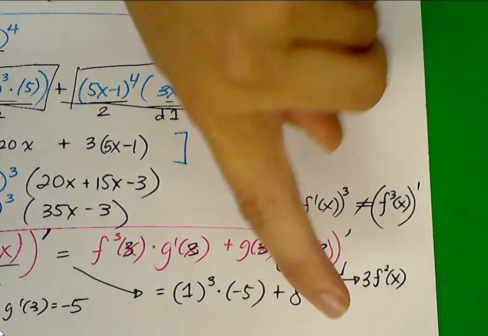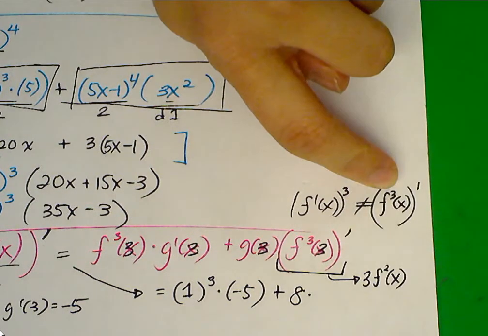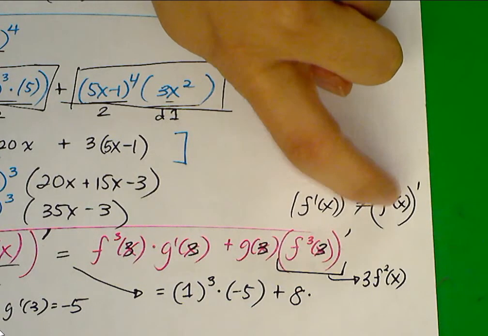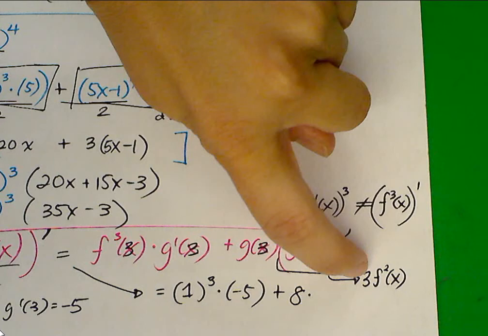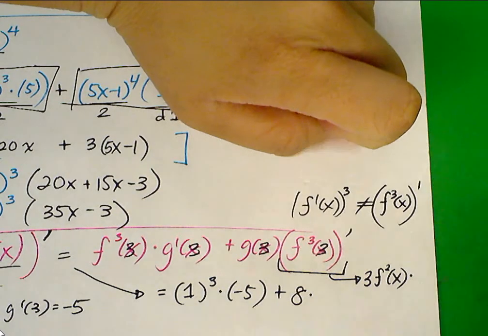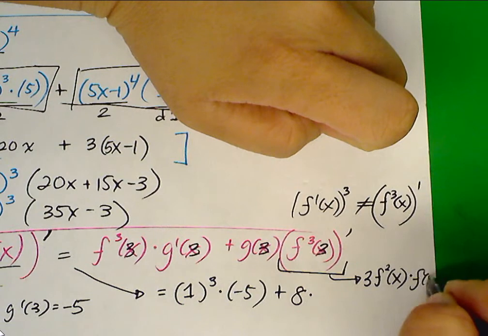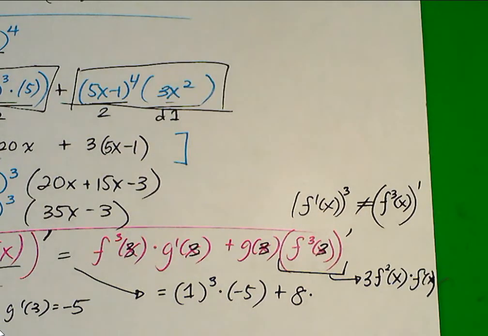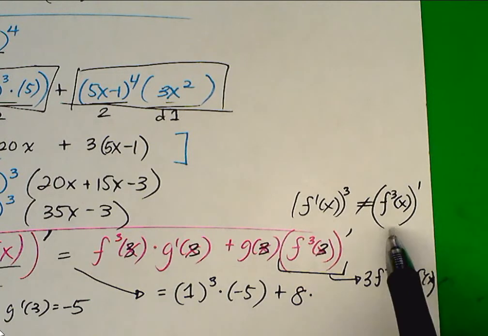Because look, f is a function cubed, so we have to do 3 times the function squared times the derivative of the baby, which is f prime of x. Right? The baby is f of x. Do you see that? In this, the baby is f of x, and the mama is x cubed.